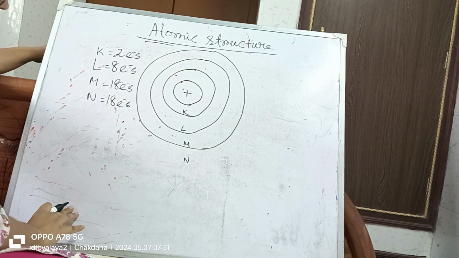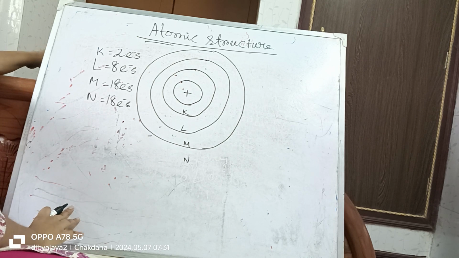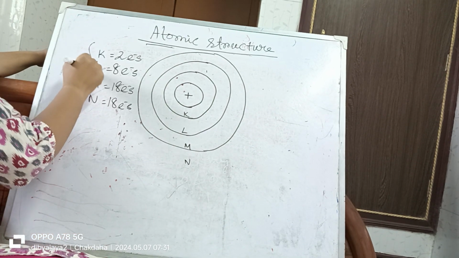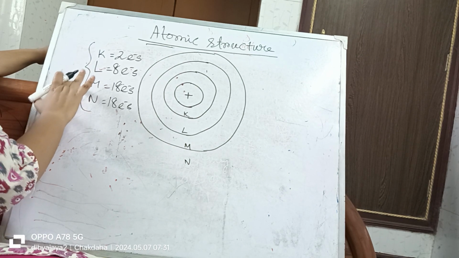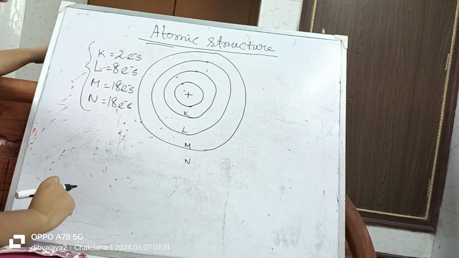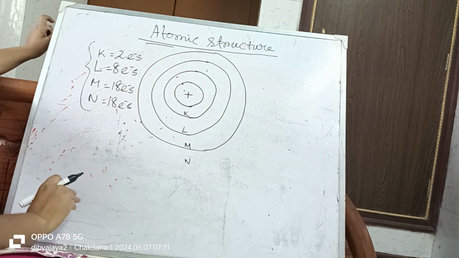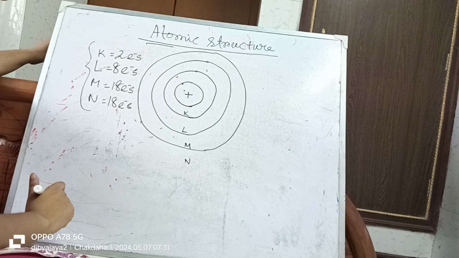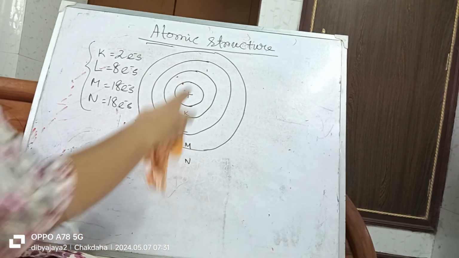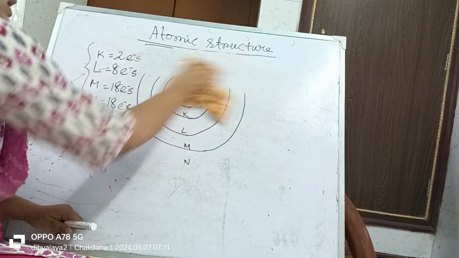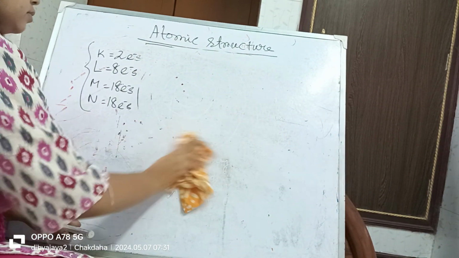2, 8, 18, 18. By this we can find the mass number and the atomic number of any atom. We already know mass number and atomic number, but I am repeating it.